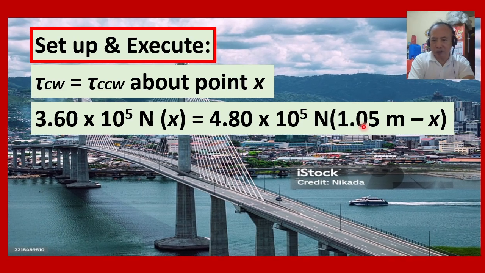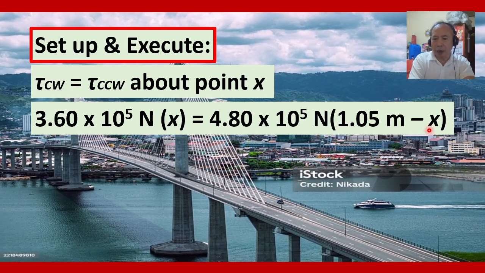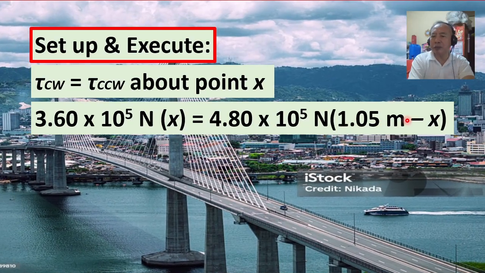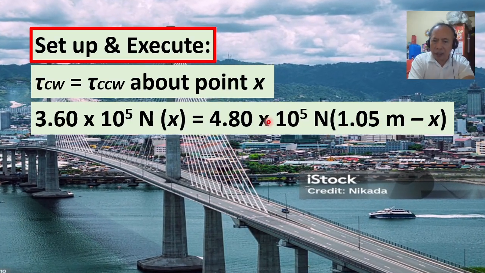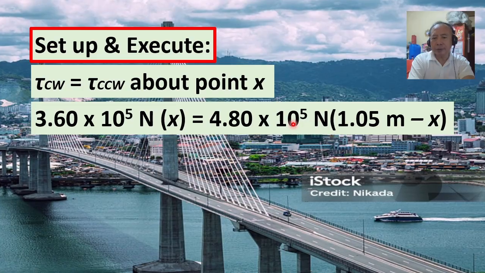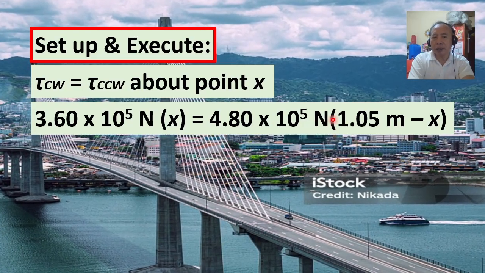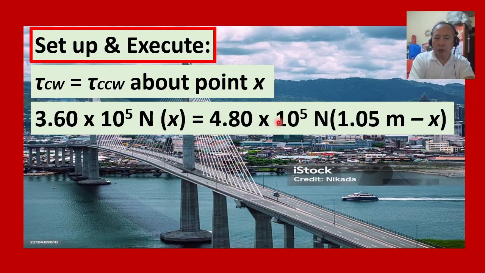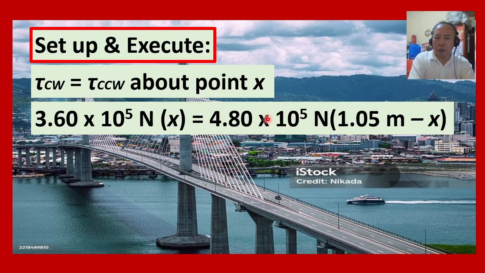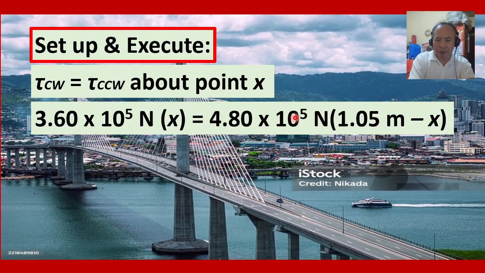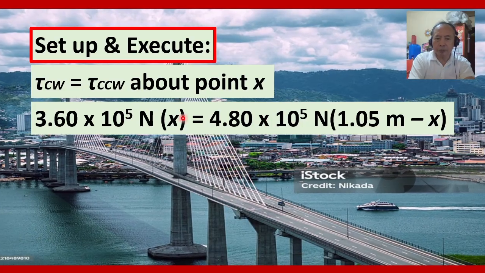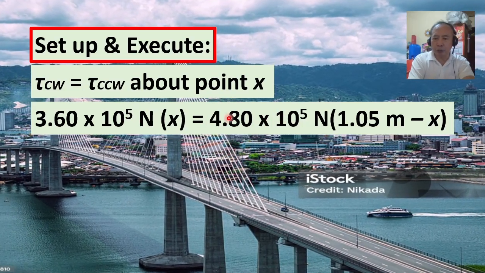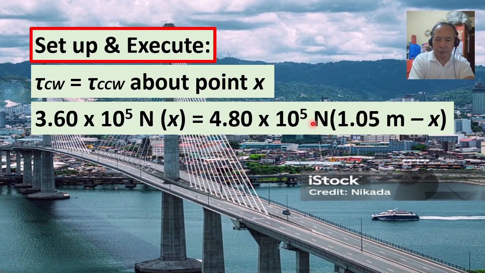When multiplied by its corresponding moment arm, expressed as 1.05 meter minus x, their product is the torque that tends to cause the rod to rotate counterclockwise. So they are equated because they have the same magnitude and opposite direction.